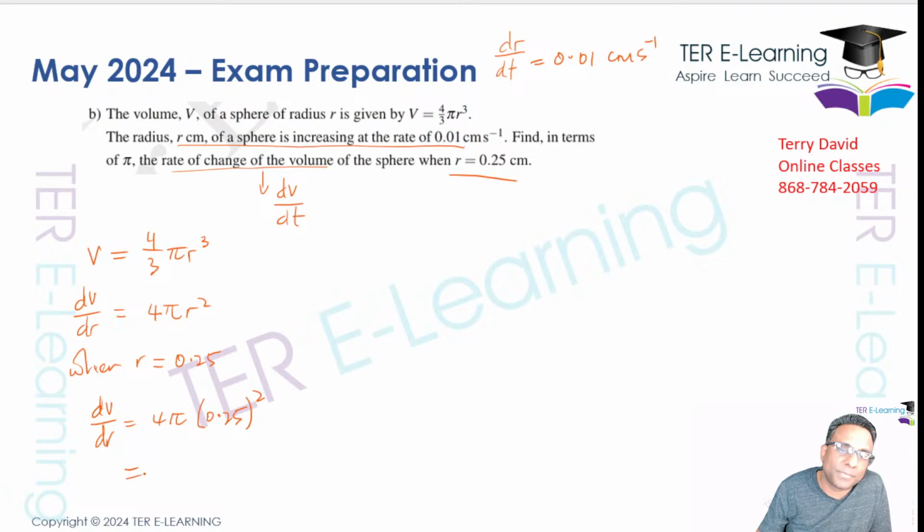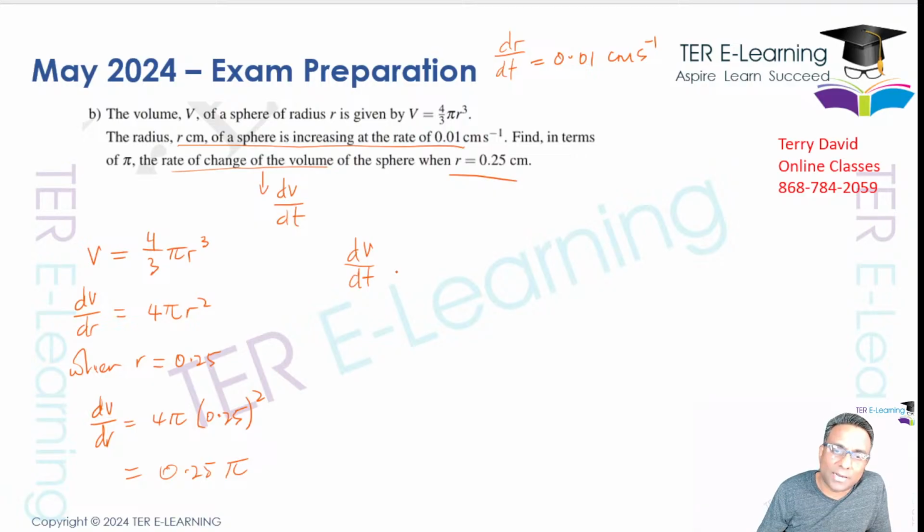Now the question wants the answer in terms of pi, so don't touch the pi at all. So 0.25 squared multiplied by 4, and you're going to get 0.25. So this here is 0.25 pi. So that's dV/dr.